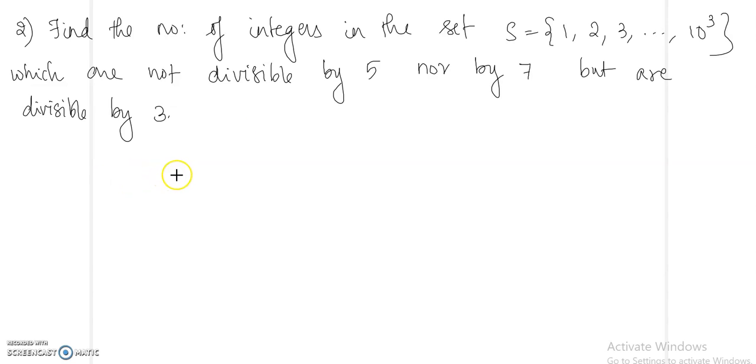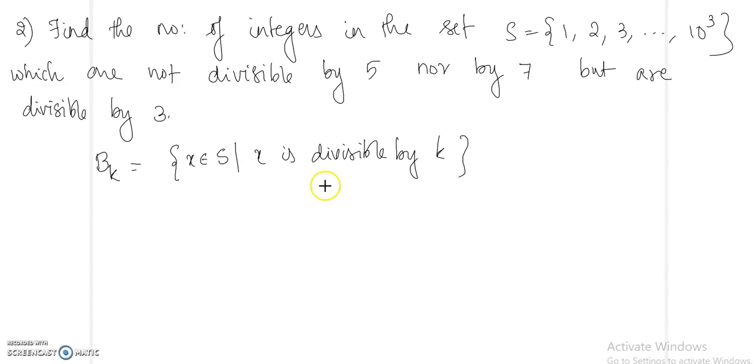So again, like the problem we saw yesterday, let us define Bk to be the set of all x belonging to S such that x is divisible by k.